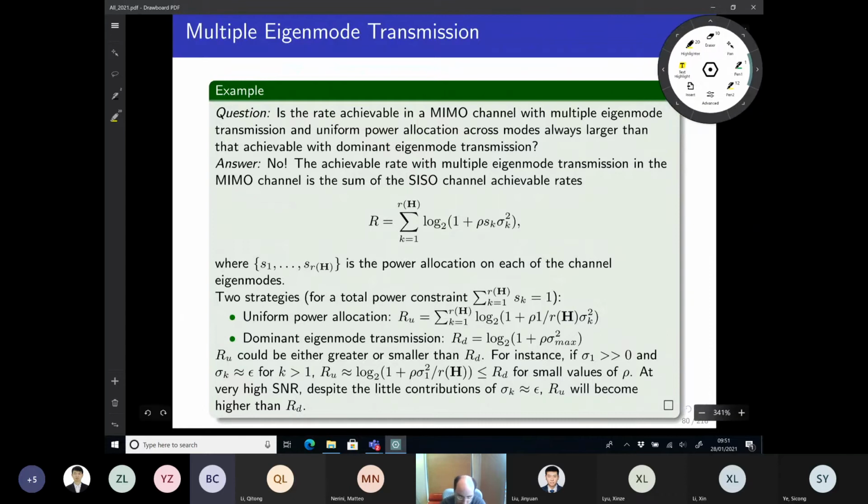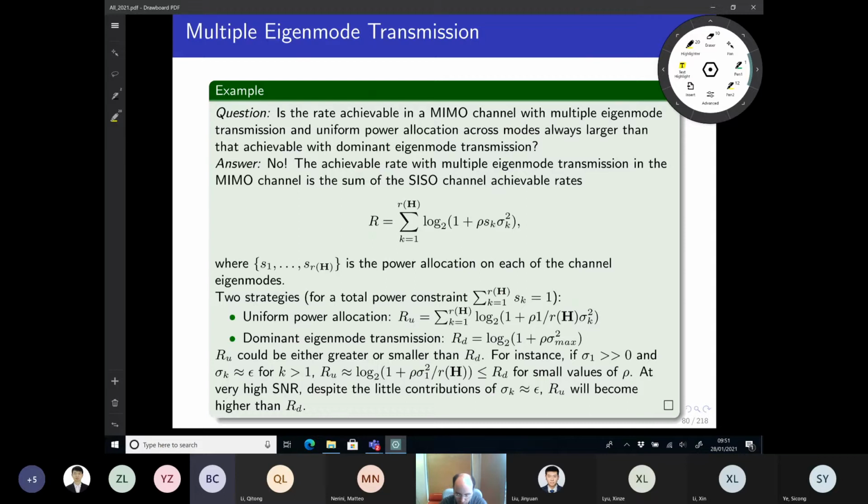So the question is: what is the rate achievable in a MIMO channel with multiple eigenmode transmission and uniform power allocation? So I split my transmit power uniformly across all modes. If I have two modes, I put half of the power on mode 1, half of the power on mode 2.